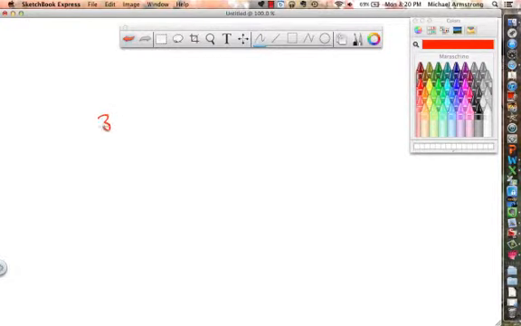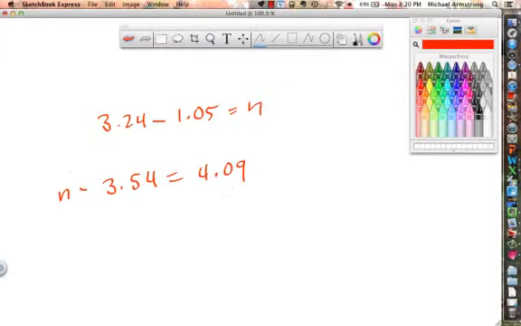They might say 3.24 minus 1.05 equals n, or they might say n minus 3.54 equals 4.09, and you have to figure out how to solve for this.